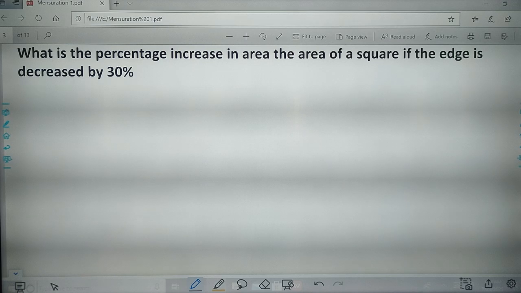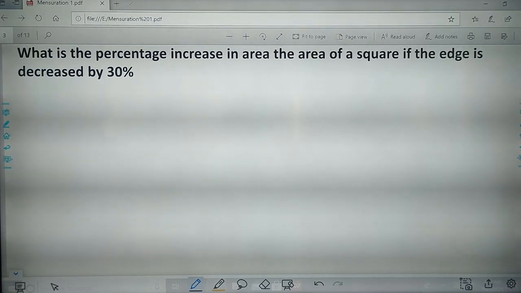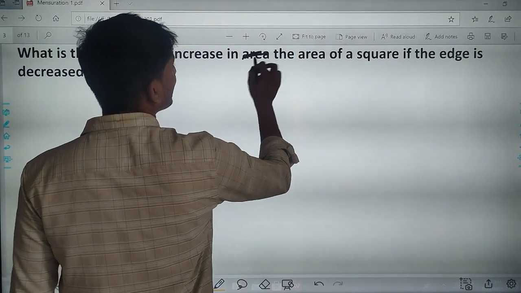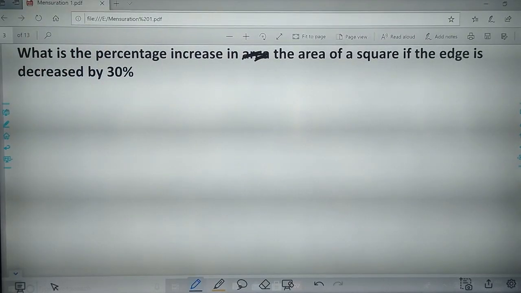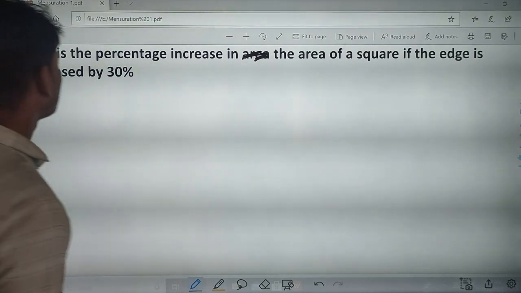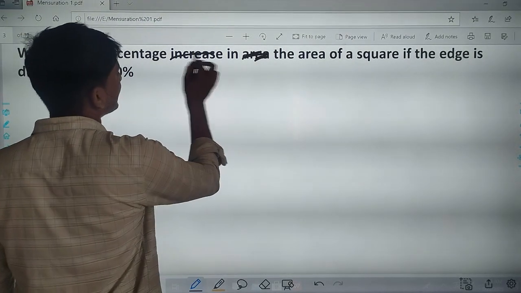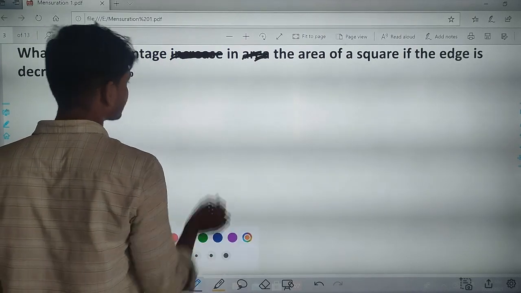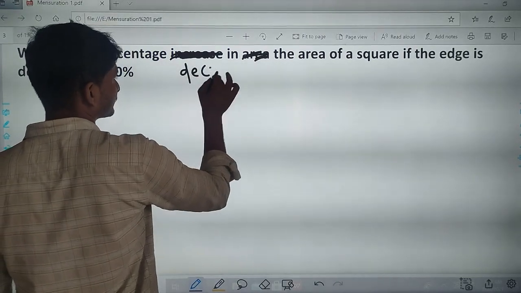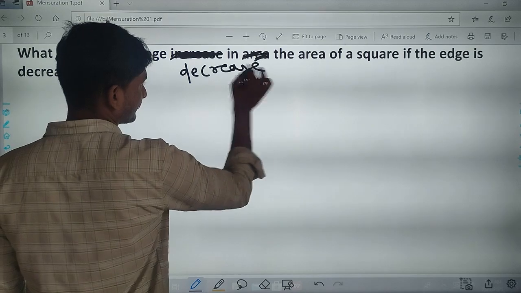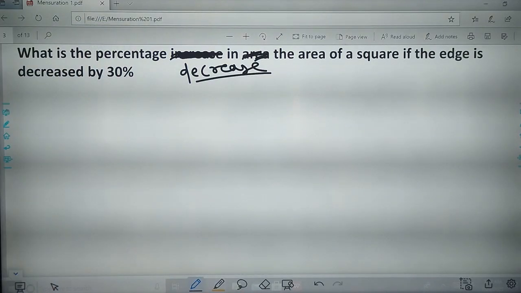What is the percentage decrease in the area of a square if the edge is decreased by 30%?